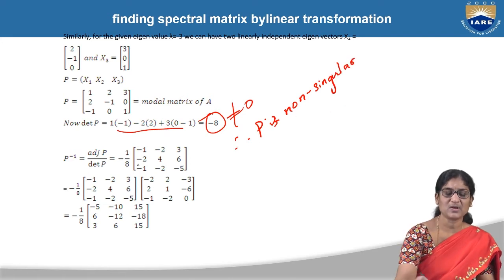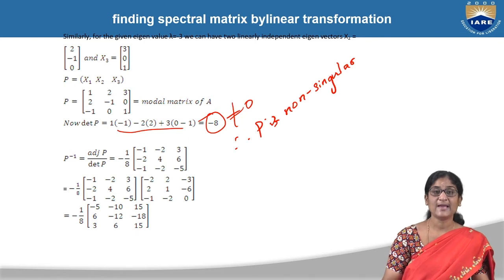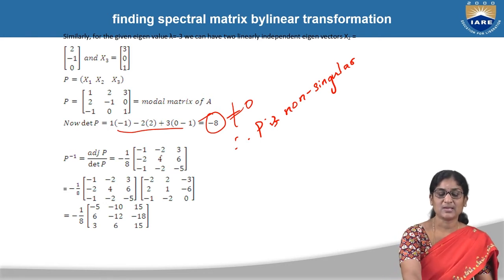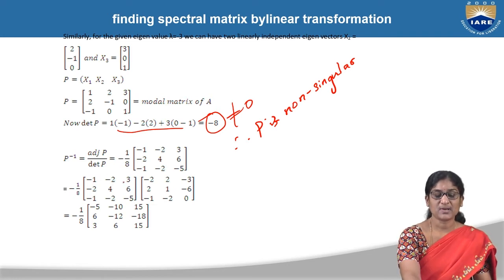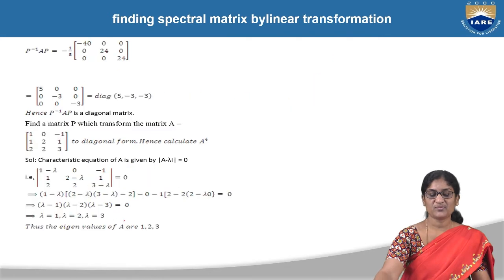P inverse is equal to adjoint of P by determinant of P, which is equal to minus 1 by 8 into the matrix minus 1, minus 2, 3, minus 2, 4, 6, minus 1, minus 2, minus 5, and upon the product, it comes out to be 1 by 8 into the matrix minus 5, minus 10, 15, 6, minus 12, minus 18, 3, 6, 15. So P inverse value is known.